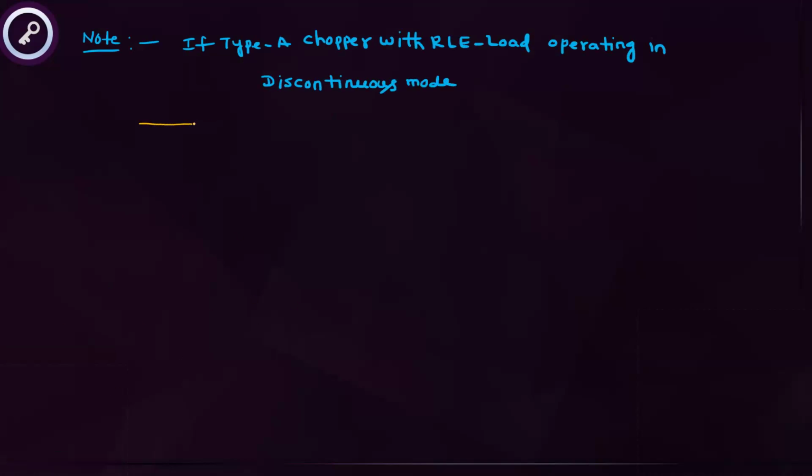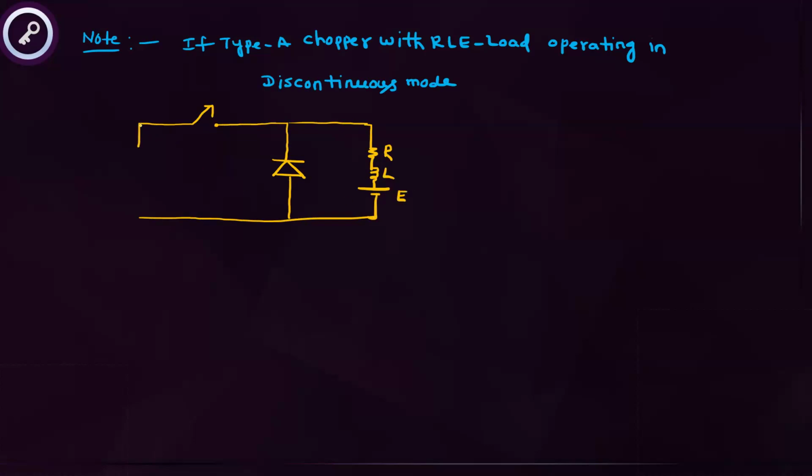Once again, I'm drawing the type A chopper. Let the RLE load: this is R, this is L, this is E. Let the supply voltage be Vs. Chopper or switch. This is the freewheeling diode.